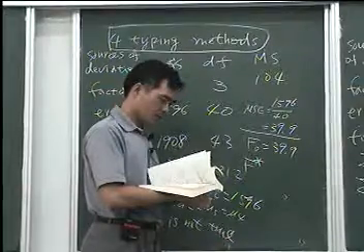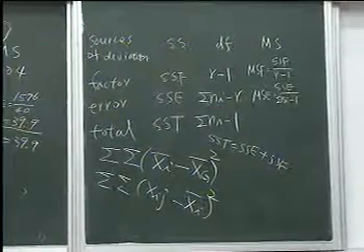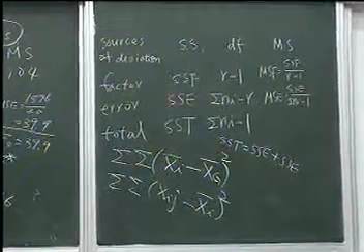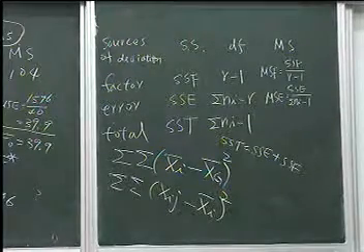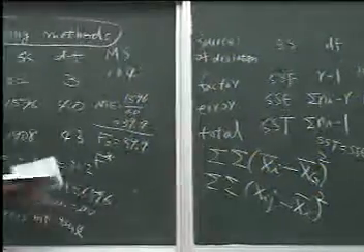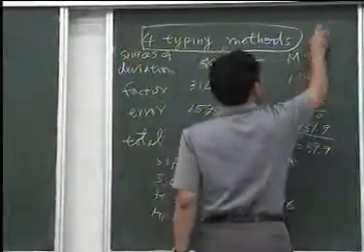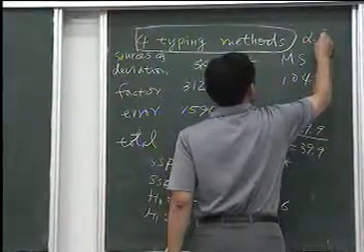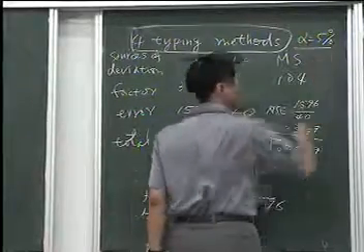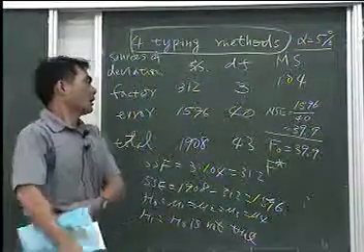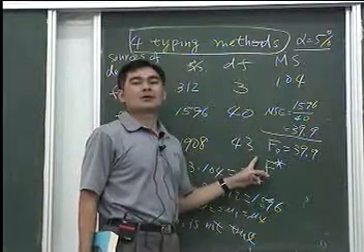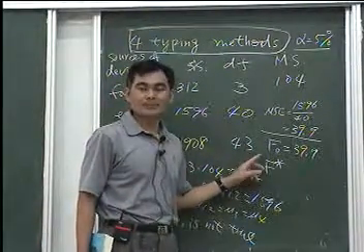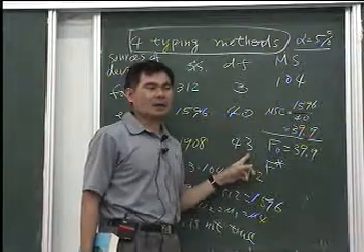Okay, where is... So the significance level we choose is 5%, okay? And you have to remember, ANOVA is a right tail test. ANOVA is a right tail test.